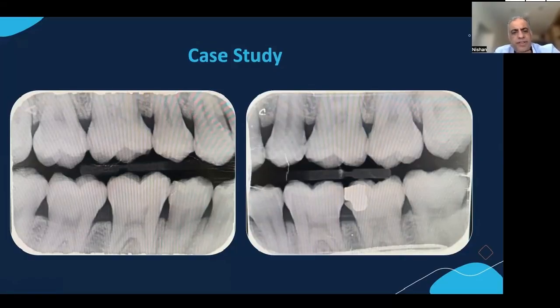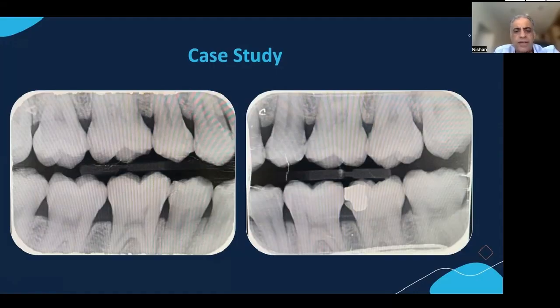A bit of his history was that he had a restoration done on the lower left six months ago, and it kept breaking. I think he had it repaired two or three times since.